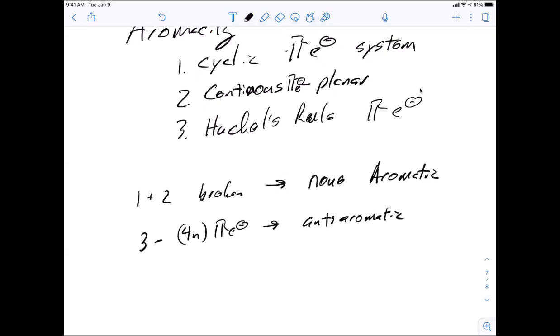So if aromatic is much more stable than a standard species, what would you expect for anti-aromatic? Much more unstable. So do things want to be anti-aromatic? Absolutely not. So therefore, there are some reactions that do not occur because if they occurred, they would create an anti-aromatic species.